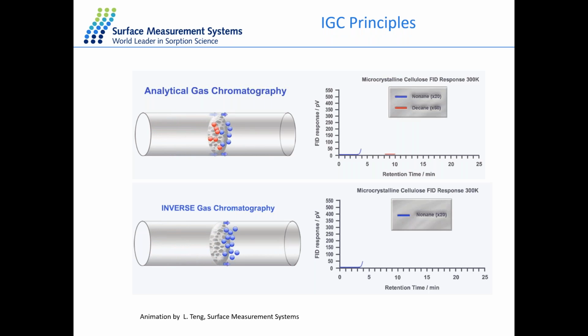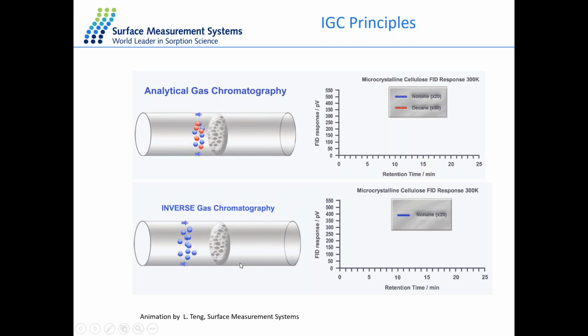Comparing the analytical technique with our IGC technique: in analytical gas chromatography, gas vapor probes go into a column and separate out, and you obtain retention times based on when these probes elute out of the column.